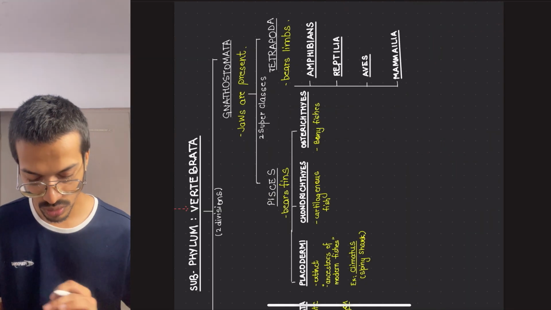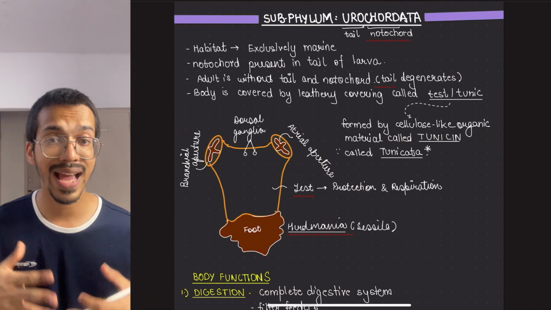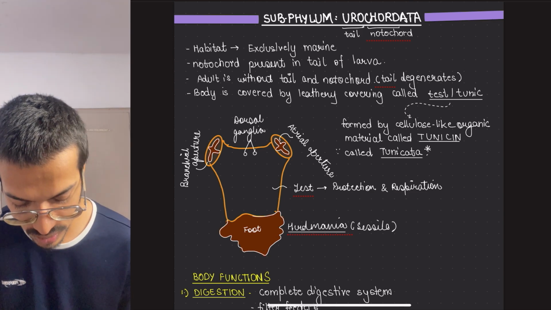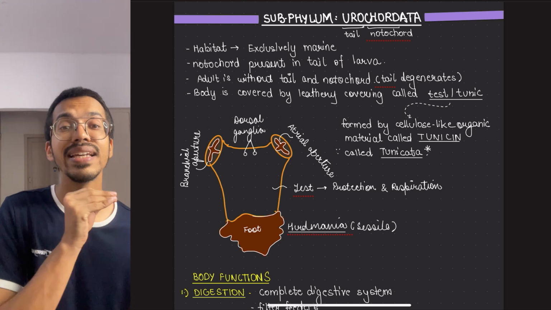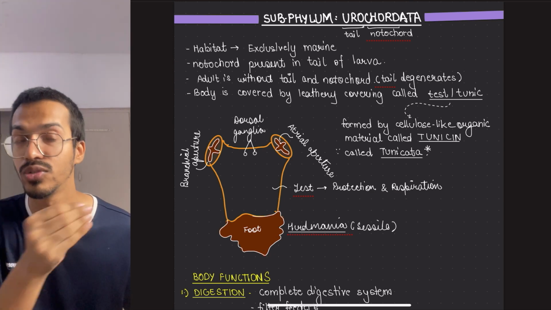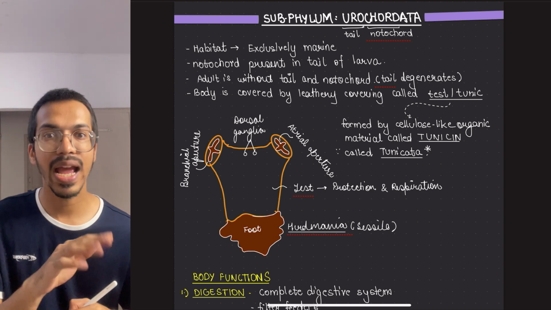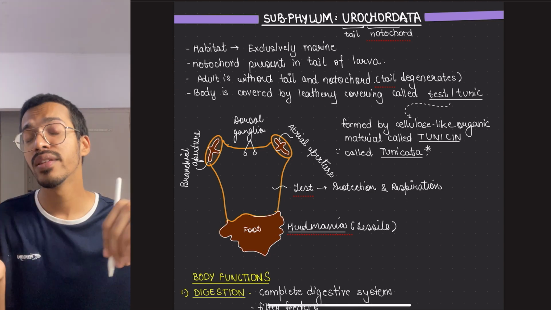Okay, so this is the one. Now let's come to the subphylum Urochordata, as we have talked that we're going to be studying about it. Uro means tail, chordata means notochord, meaning the notochord is present in the tail. Who? Larva only. Adults don't have it, because when they change, the tail goes.